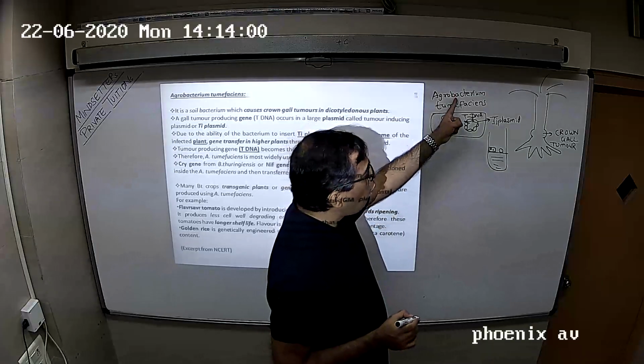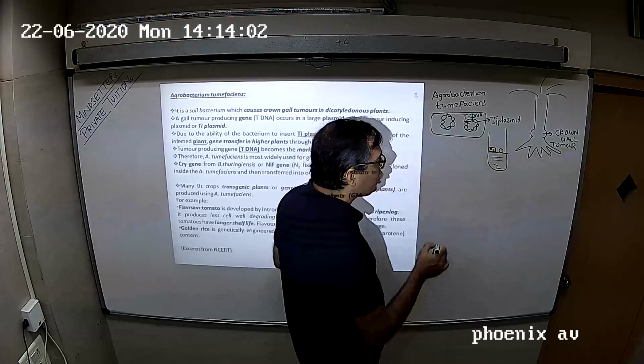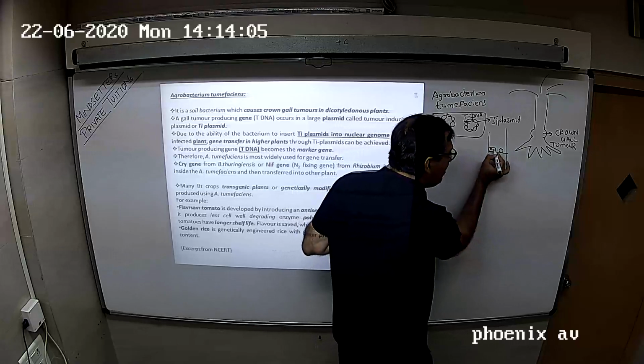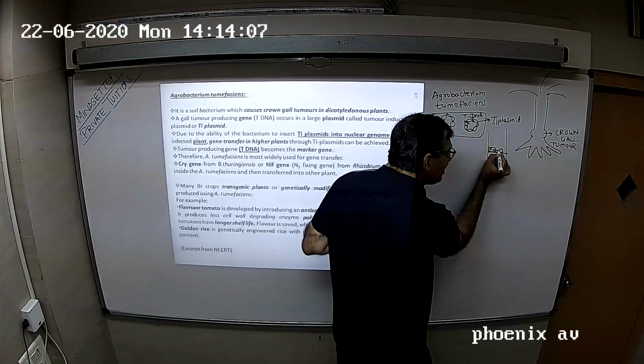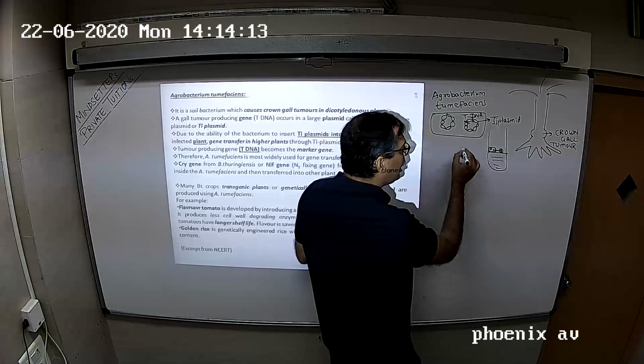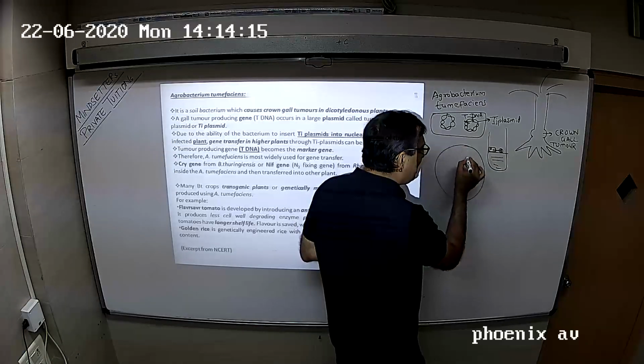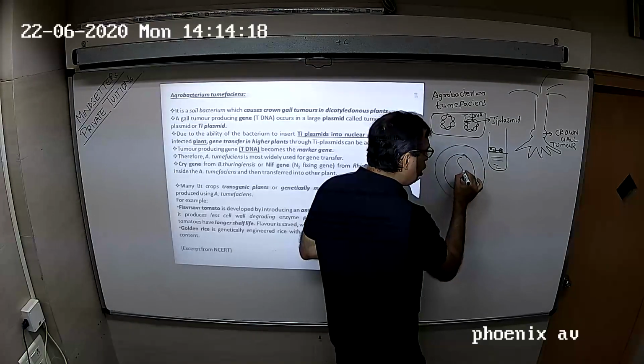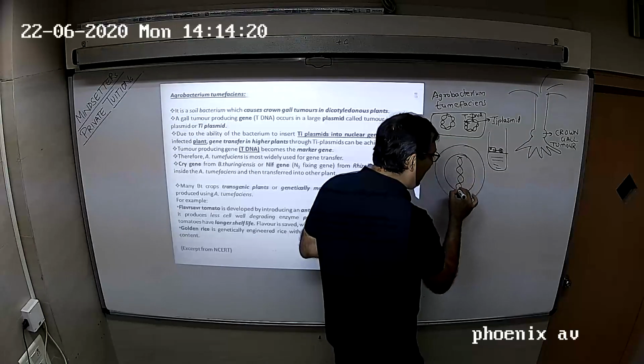Then Agrobacterium tumefaciens has the ability to insert the Ti plasmid in the DNA of the plant cell. तो ये है समझो प्लांट सेल, सेल के अंदर न्यूक्लियस और न्यूक्लियस के अंदर ये है डीएनए.